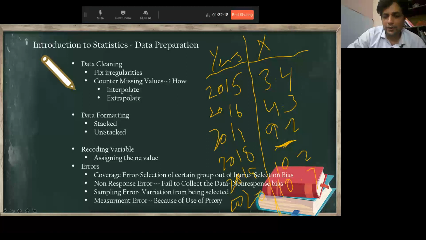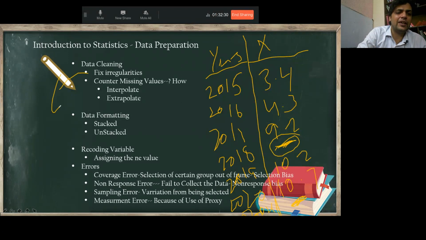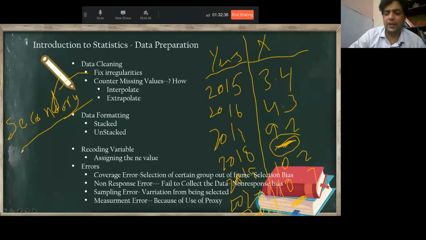And I want to know about 2021 as well. This is also missing. How do we fix these kinds of gaps? Mostly we get this kind of data in a secondary data set. So there can be 2 ways. One is interpolation.